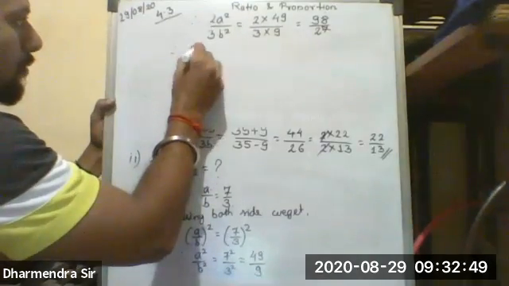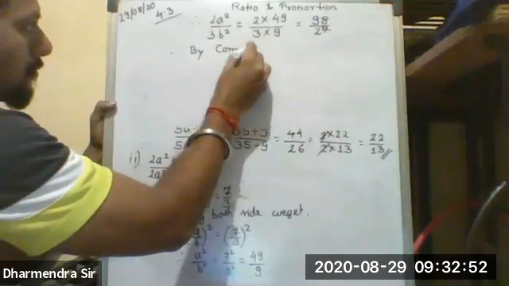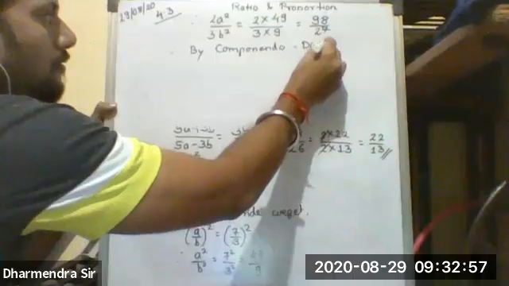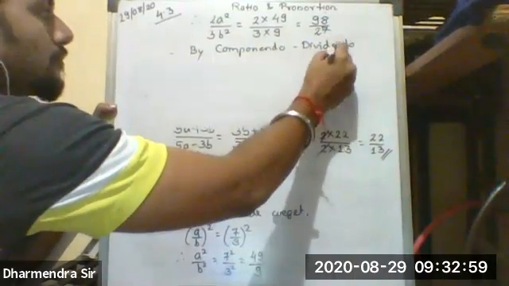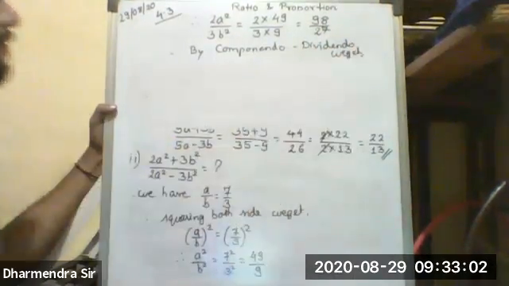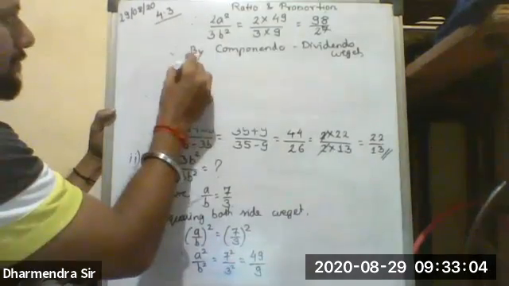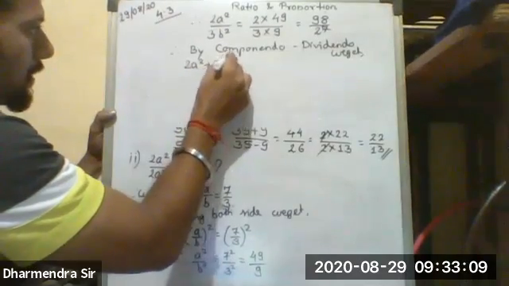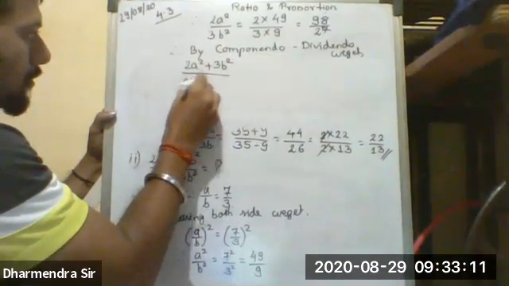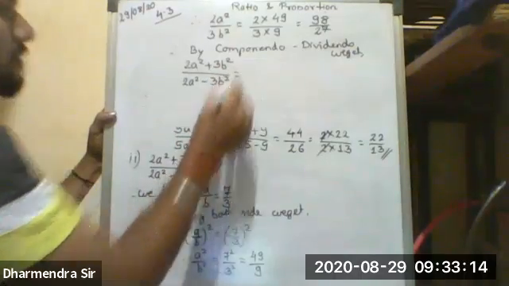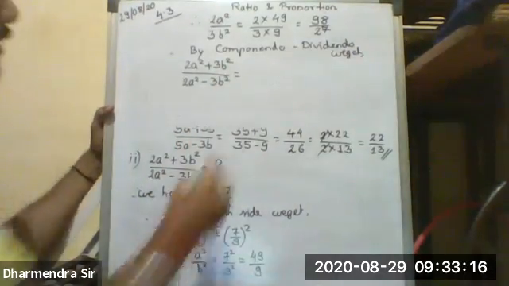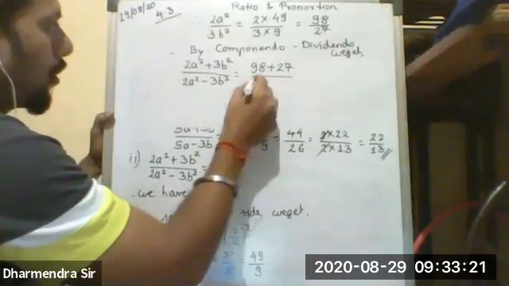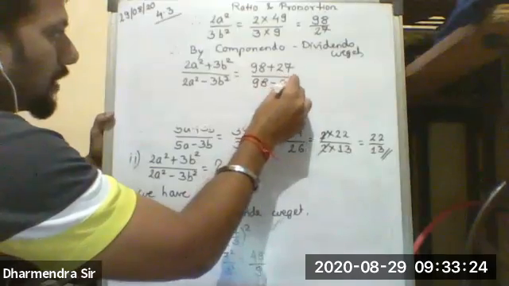So therefore, by componendo and dividendo, we get (2a² + 3b²) upon (2a² − 3b²) is equal to (98 + 27) upon (98 − 27).